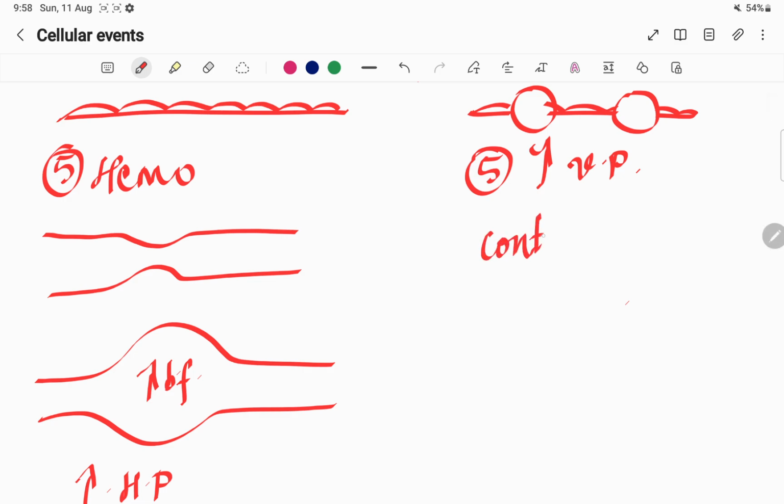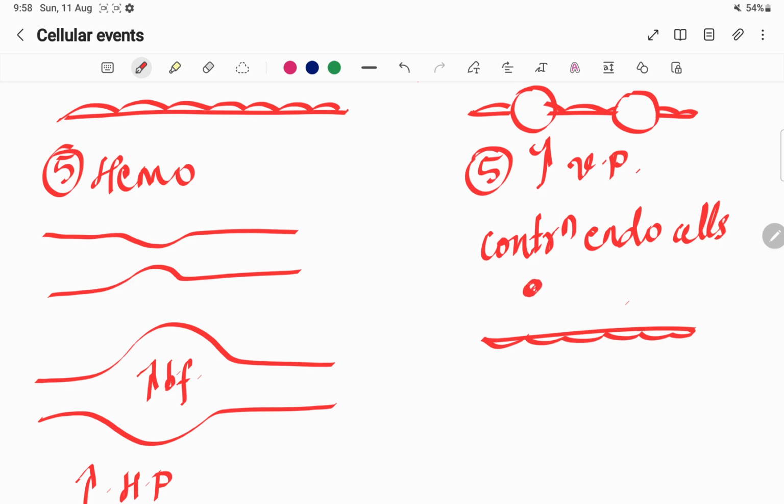And the 5 changes that caused increased vascular permeability. The first one is contraction of the endothelial cells that created gaps at the junctions of the endothelial cells, followed by direct endothelial injury. നമ്മുടെ foreign body or the injurious agent directly endothelial cells like injury occur ചെയ്തു. Then also leukocyte mediated endothelial injury.